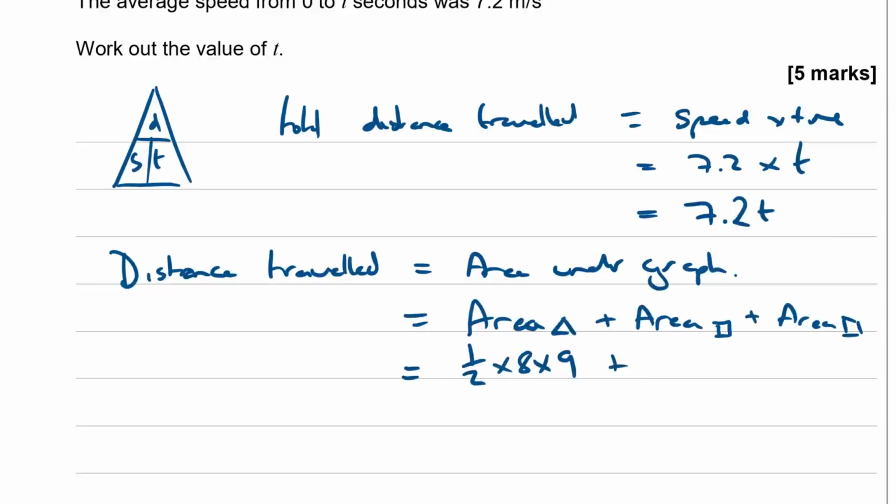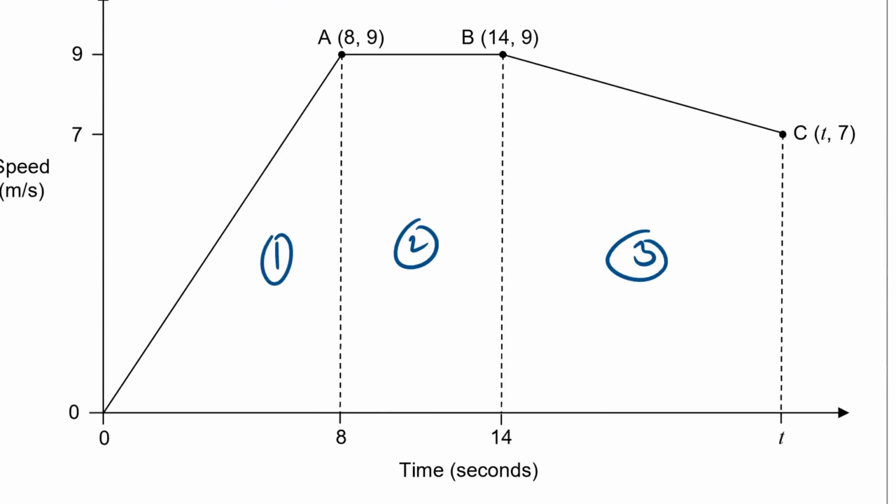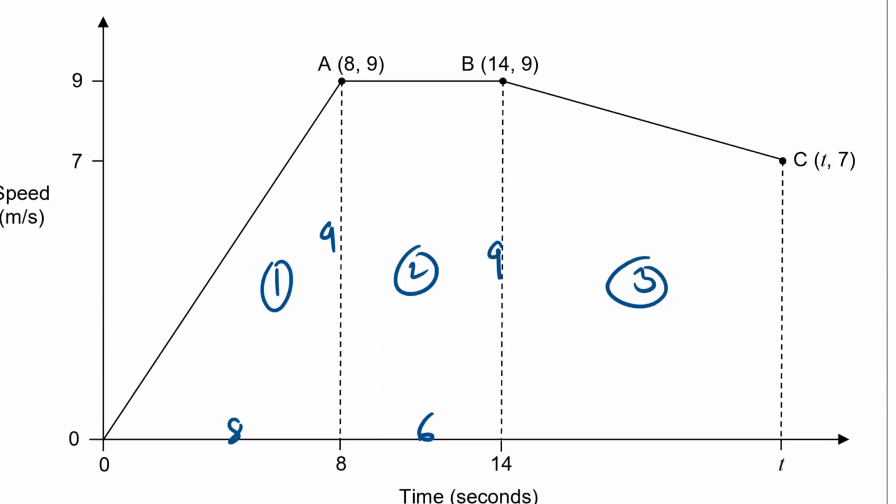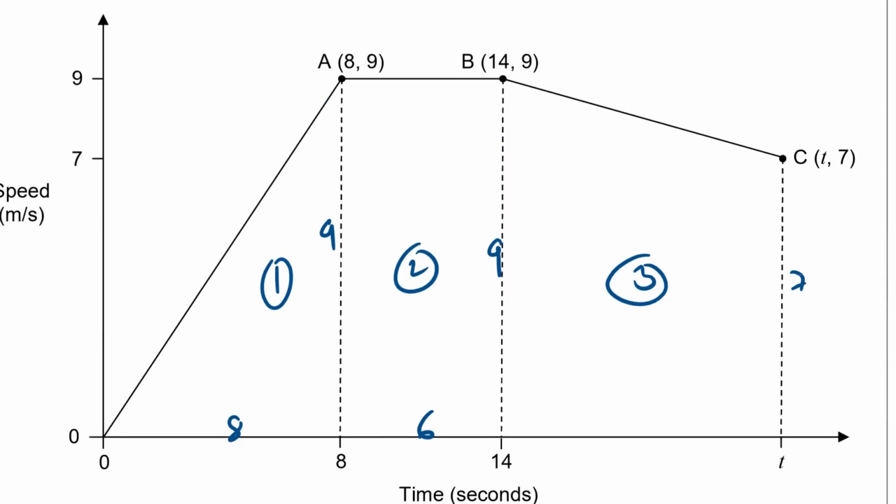My area of my rectangle, so that was 8, that was 9, wasn't it? Now the base, or the length, of my rectangle is going to be the difference between 8 and 14, which is 6. It's also got a height of 9, so that's going to be 6 times 9. And then my trapezium, to find the area of a trapezium, you average out your two parallel sides, so it would be 9 plus 7 over 2, times the distance between them. Now that distance is going to be t subtract 14. Does that make sense?